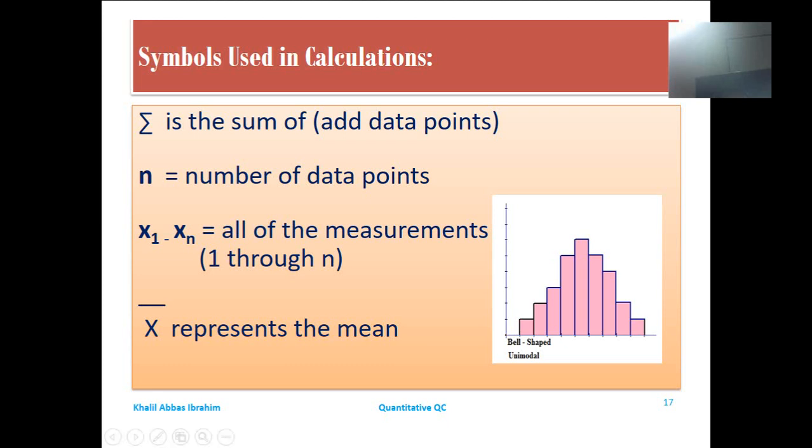N stands for the number of data points. How many data points have you carried out? How many examinations have you done in the laboratory to obtain those values?